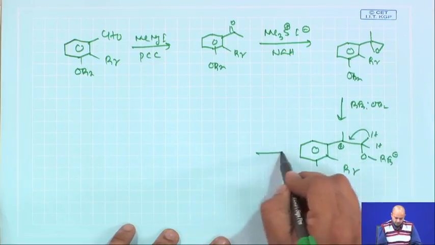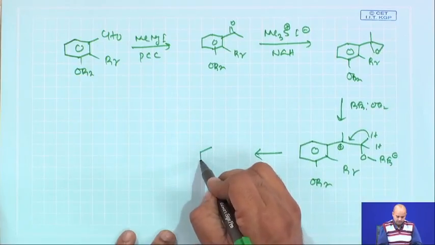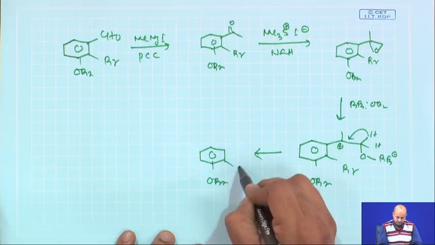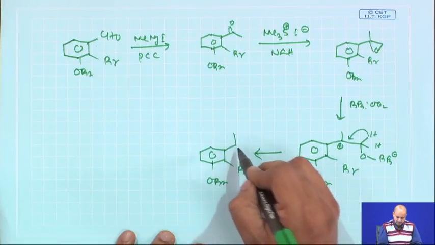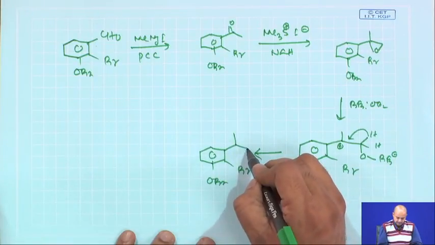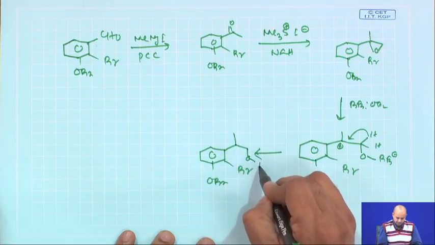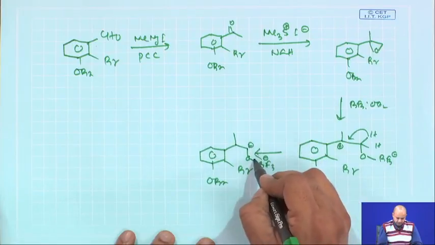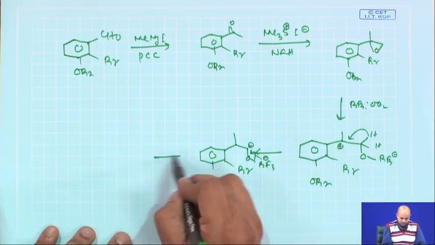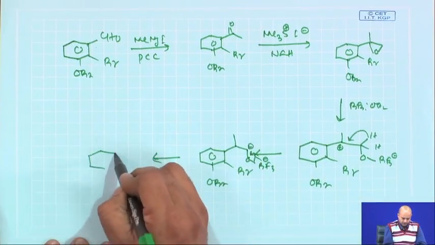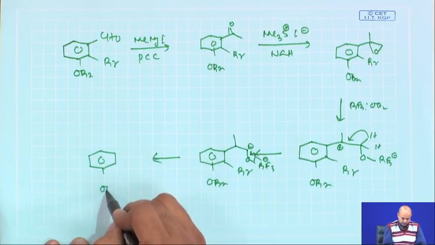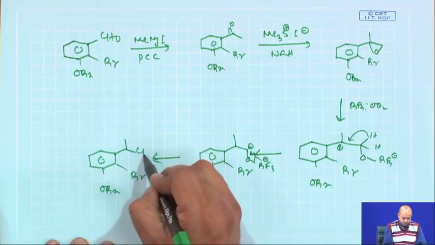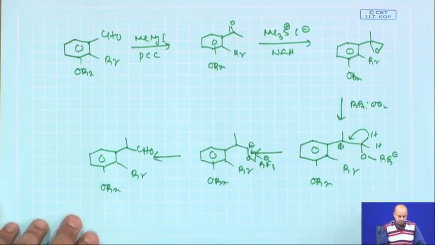If one hydrogen migrates, you get a positive charge here and this positive charge now quenches this carbonium ion, you get the OBN, Br, methyl CHO. So, the mechanism of Meinwald rearrangement is very crucial.